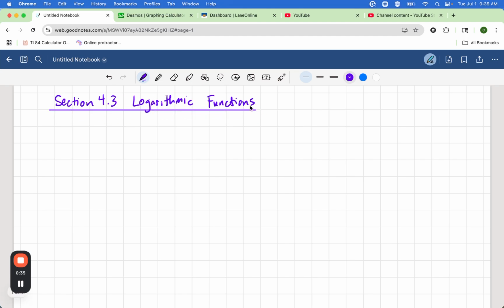Okay, so logarithmic functions. The function f of x equals log to the base b of x is the logarithmic function to the base b.